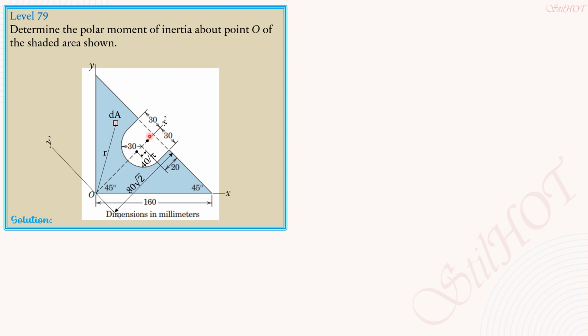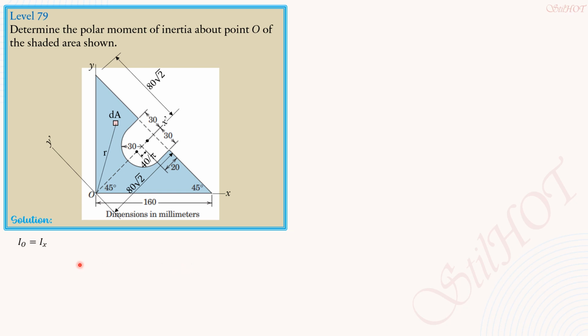Likewise, this distance, which is the same as this, is also 80 square root of 2 mm, because the angle is 45, this is 45, this is 160 mm, therefore this is also 45 degrees. So 160 cosine of 45 is 80 square root of 2 mm.